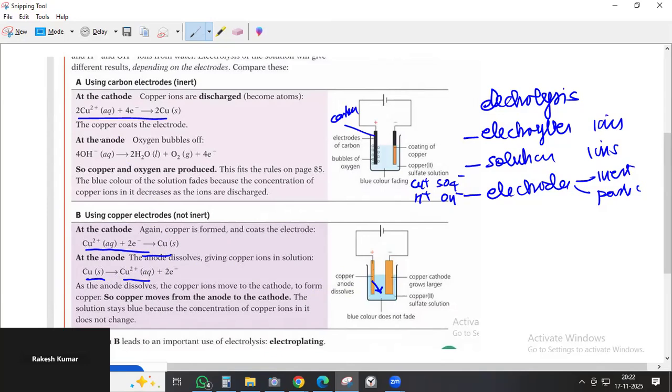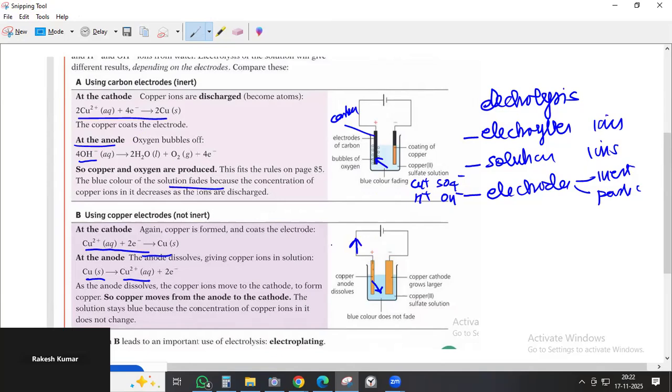Here there is no copper, so the solution gradually fades, and you see the difference at the anode. Here the OH- will go there. Here OH- is not going there, copper is coming. So the anode requires electrons.